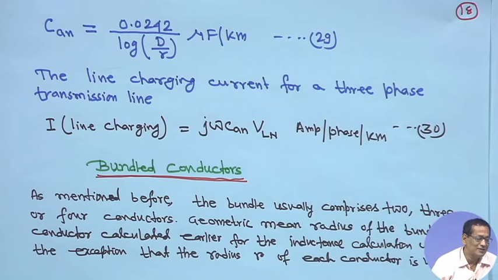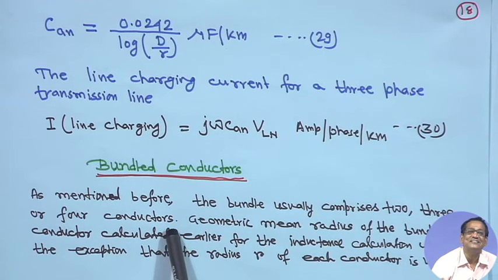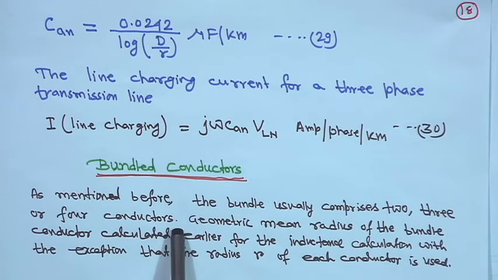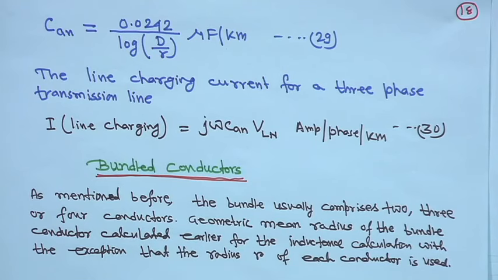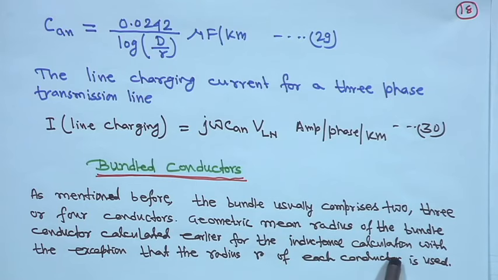We have seen bundle conductors for 2 conductors, 3 conductors and 4 conductors, already for inductance cases. So, here I am not giving you the diagram, the same diagram. The geometric mean radius of the bundle conductor can be calculated as earlier for the inductance calculation, with the exception that the radius r of each conductor is used.